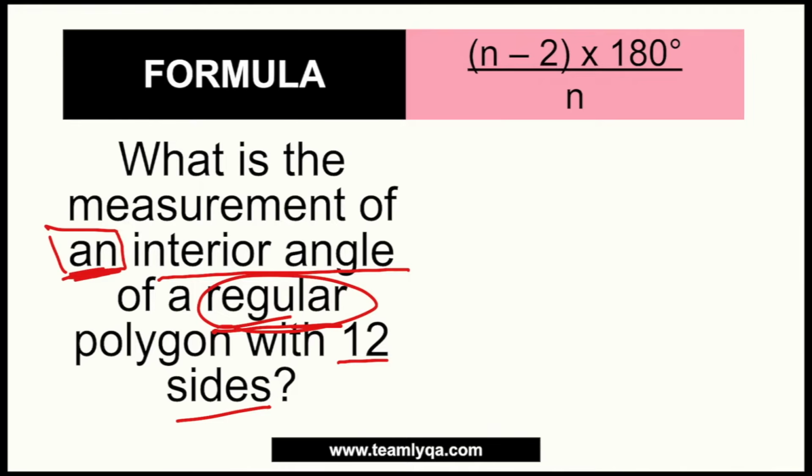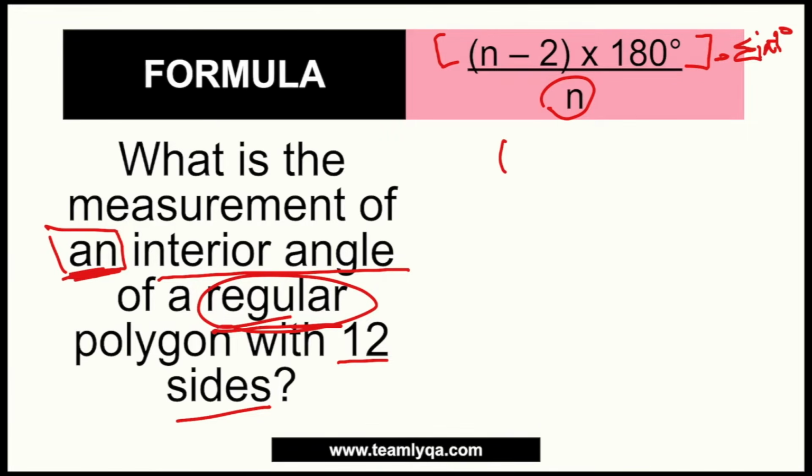Okay? Using this formula. Ano to formula na to? If you notice this part right here, ito lang yung formula natin kanina for the sum of the interior angles. Okay? Pero gagawin natin, para mahanap natin yung individual or isa lang na angle, i-divide lang natin siya sa kung ilan yung sides. So, yung kanina, which is yung ginawa natin, di ba?